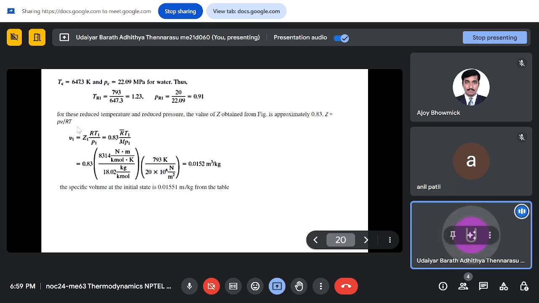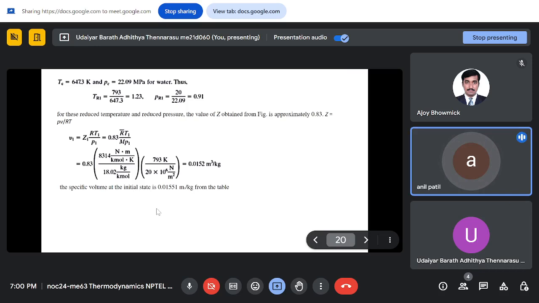So substituting this, we'll get specific volume at state 1 as 0.0152 meter cube per kg, and correspondingly specific volume from the table is 0.01551. So if you see, it is fairly close, it's changing at the fourth decimal.